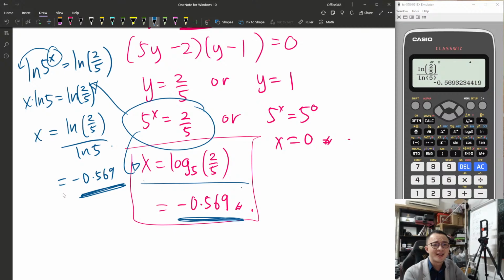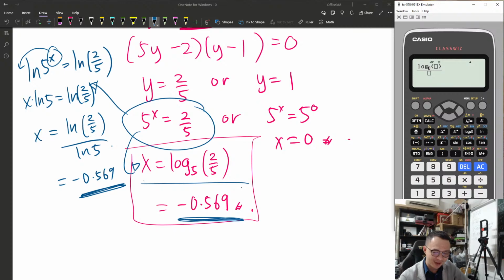Are we getting the same answer here? Definitely yes. If you have time, you can try to use lg, which is log base 10, or we call it common log. You can do that also. You definitely are getting back the same answer. Here I have time, so I can show you for fun. Maybe it's not fun for some students. Never mind, let me just retype.